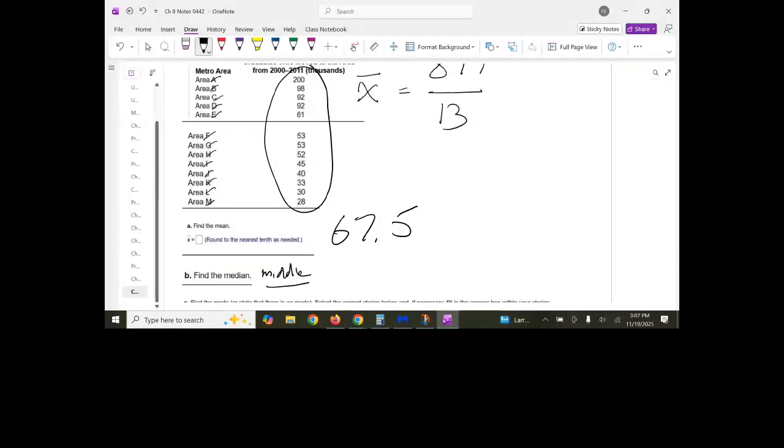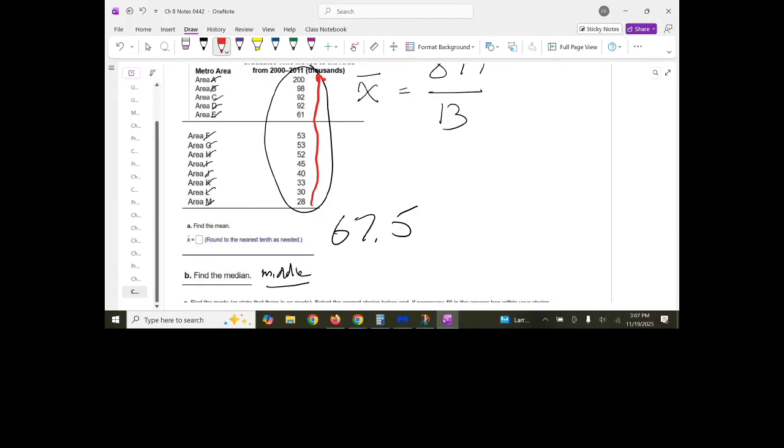And I want you to notice something here. If I go from the bottom to the top, are those numbers already arranged from smallest to biggest? Looks like it, right? It's not like there's a big number on the bottom and smaller numbers. They're all in order. So we want to find the number in the middle.